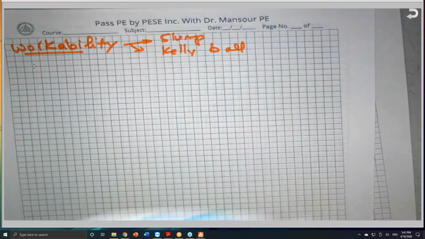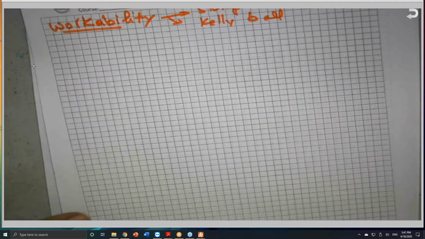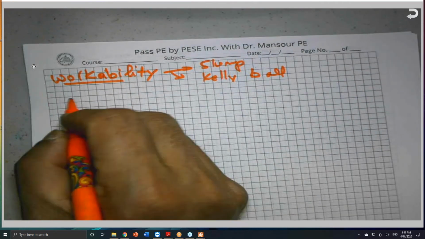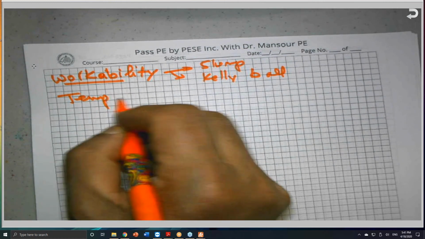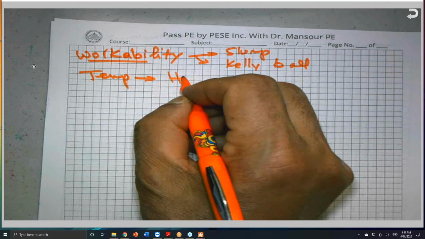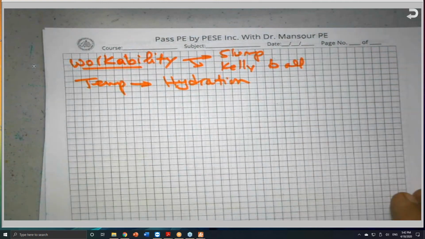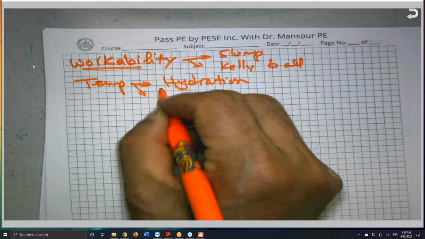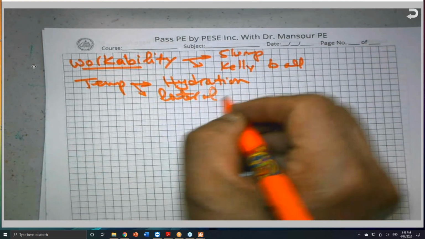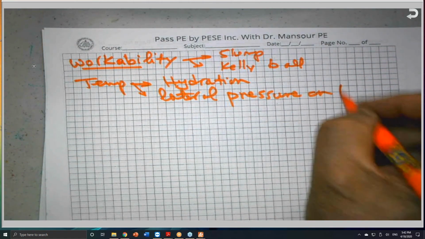And also the hydration process should be done within a certain temperature. So temperature is important from two aspects: because of the hydration, which is a chemical reaction between water and cement, and the lateral pressure on forms.